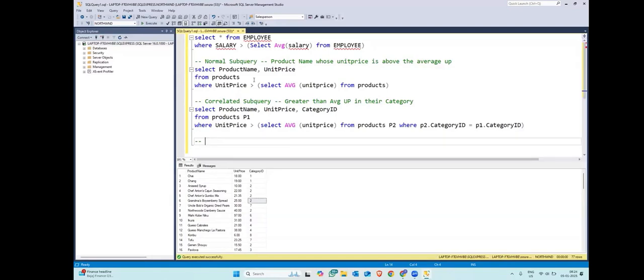Okay, so here is a question that I think you will have to use both query, subquery and a join.